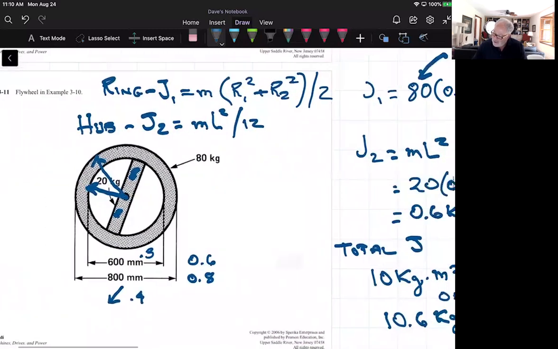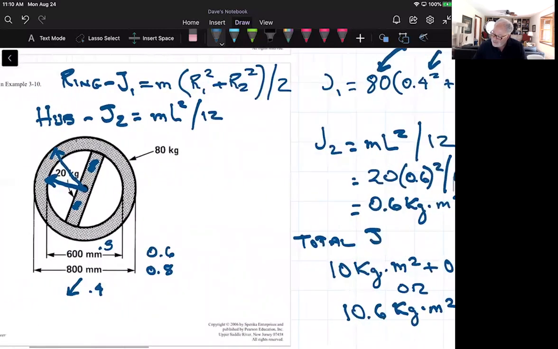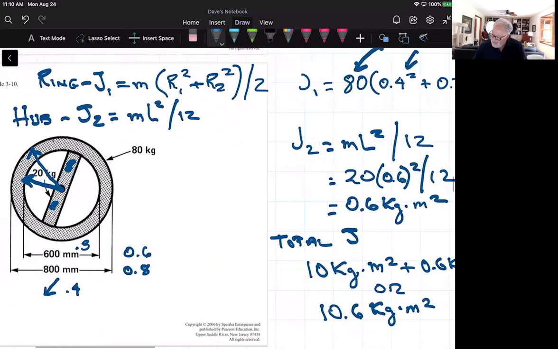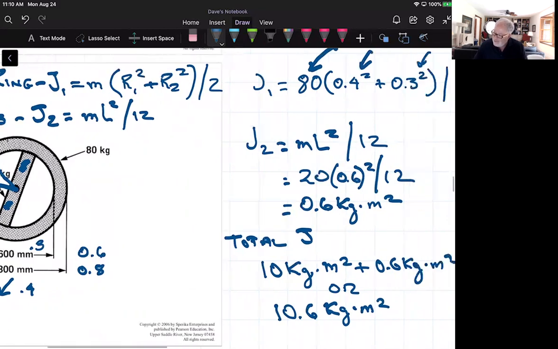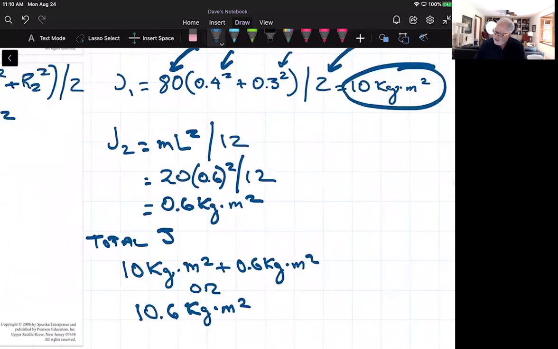The mass of that is 20 kilograms, and we're given a length. How did we get that length? We go back to this measure and see that it is simply the diameter of the inner ring of the annular ring. So this is 0.6 squared times 20 divided by 12, which is 0.6 kilogram meter squared.